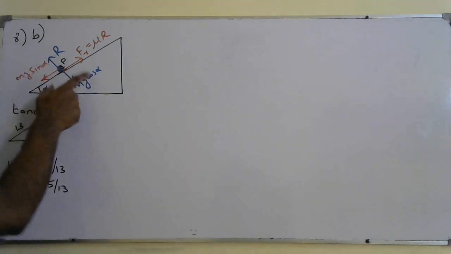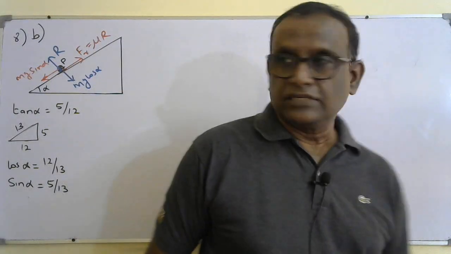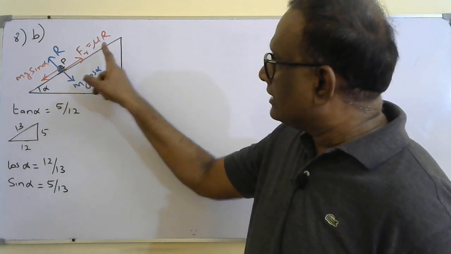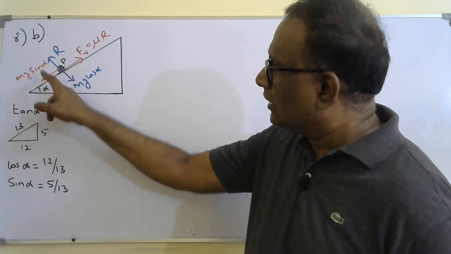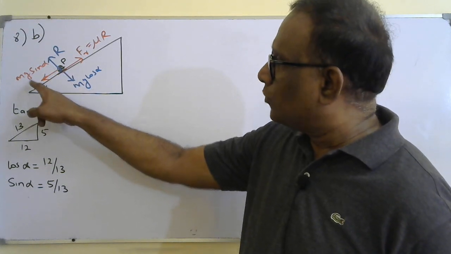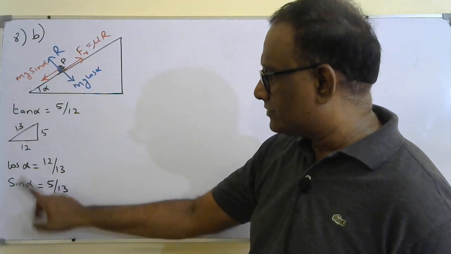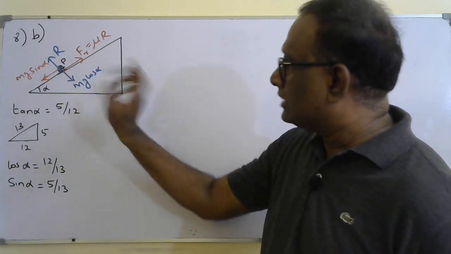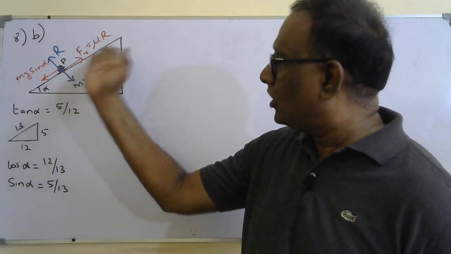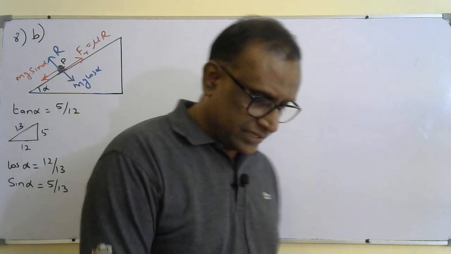Okay, so the diagram is drawn for part B. So the resultant force, I need to find it. The friction is acting upward when the string breaks because it's moving down. The component of the weight along the slope down is mg sin alpha, we know the values of sine and cos. The friction F equal mu R equal mg cos alpha. So the resultant force along the slope down, I need to find it first.